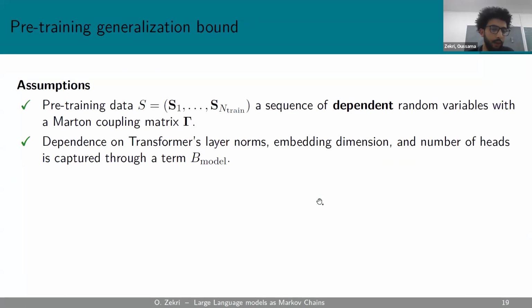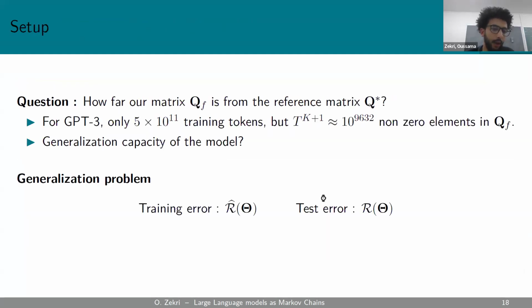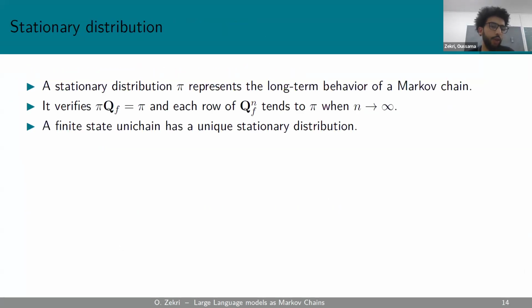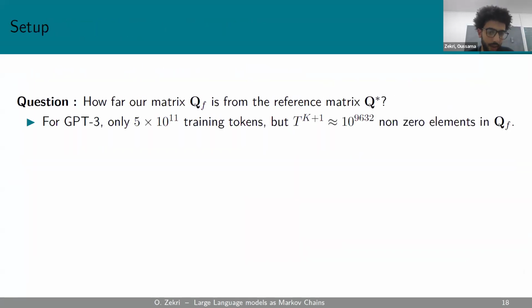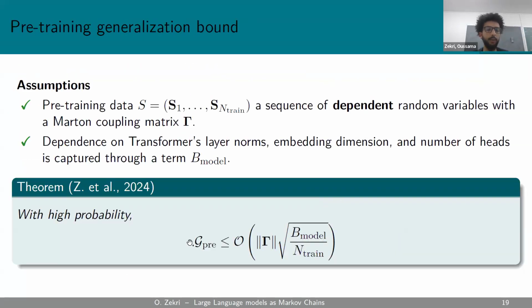But if you remember, when I presented the bound related to pre-training, we are not saying that the pre-training data are Markovian. We are saying that they are dependent. There is some kind of dependency between these random variables, not necessarily Markovian, not necessarily IID. It can be anything, and this is reflected by the coupling which appears in the bound.